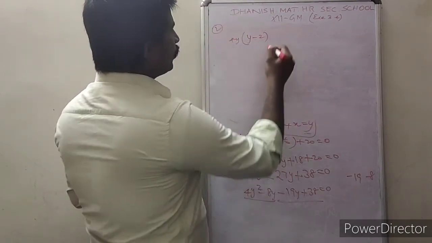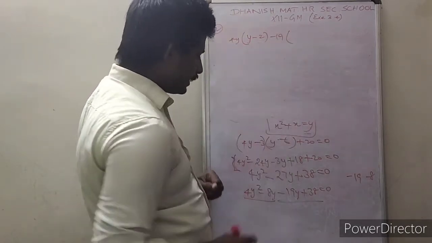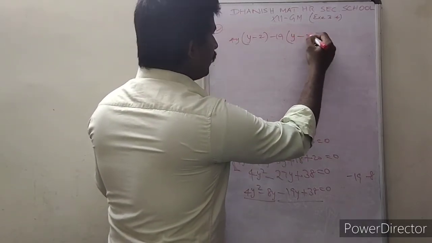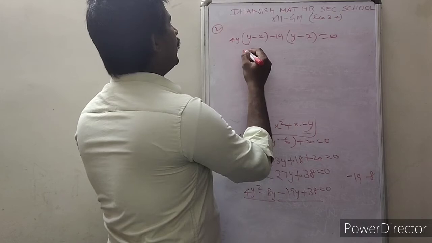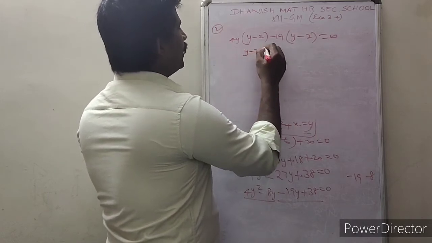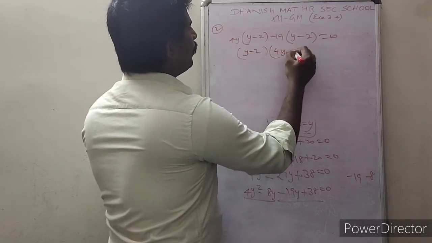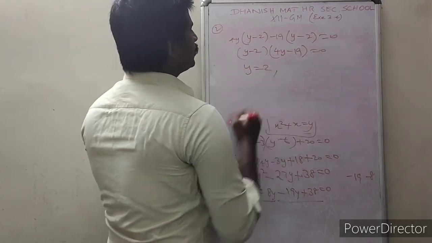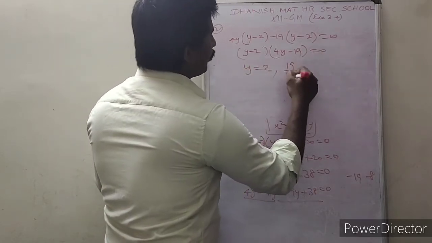From these two, I'm going to take minus 19 as a common factor. So minus 19 into (y minus 2) equal to 0. So what will happen? (y minus 2) into (4y minus 19) equal to 0. From this we will get y as 2 and 19 divided by 4.